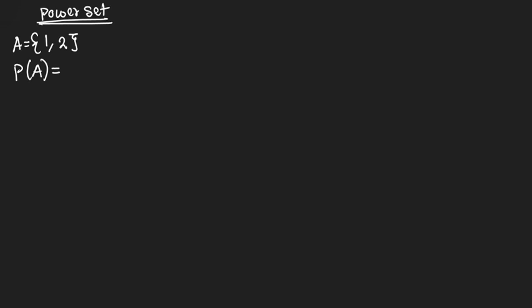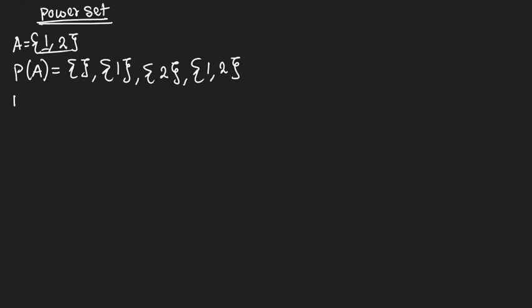Because we said that the empty set is a finite set, and at the same time, it is a subset of every other set. So, to find the power set, we'll start with the empty set first. Then you get 1, you put it in this set, 1 as a single number. Then you get 2 as a single number. Then you combine the two, 1, 2, like that. Then you have found the power set of A.